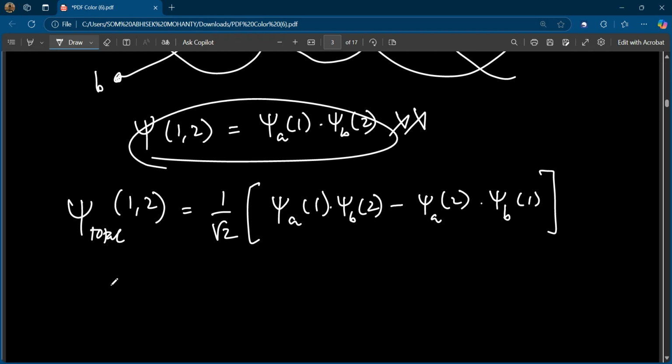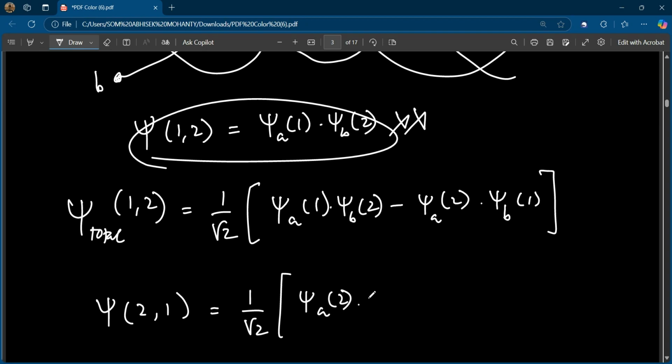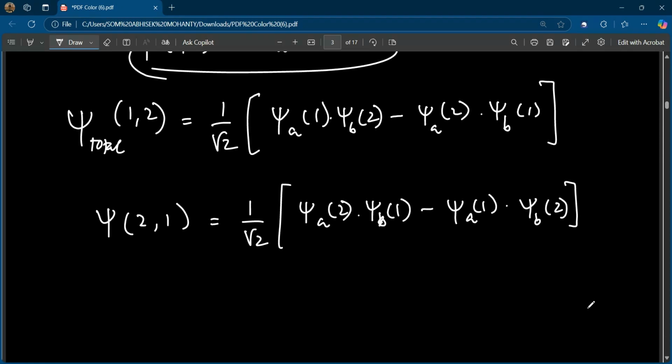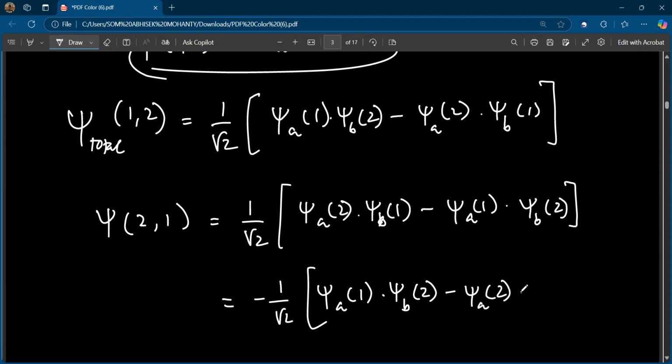Suppose we interchange everything, what will we get? 1 by root 2 psi a2 psi b1 minus psi a1 into psi b2. If we interchange it, we can also write it as minus 1 by root 2, taking the minus outside, so this becomes psi a1 into psi b2 minus psi a2 into psi b1.